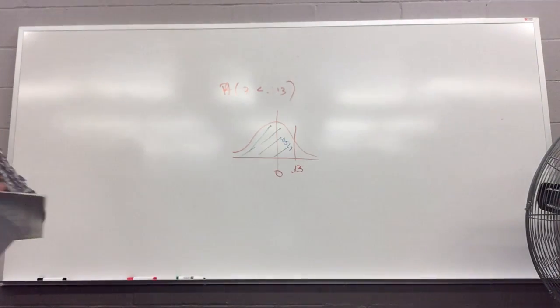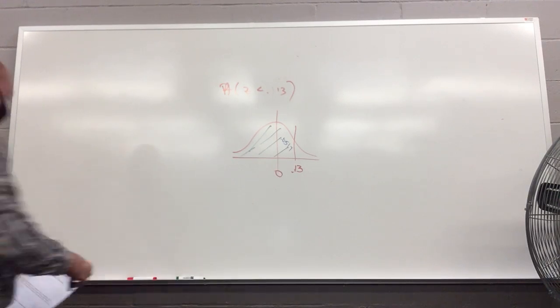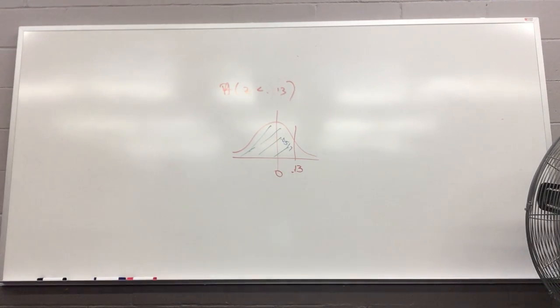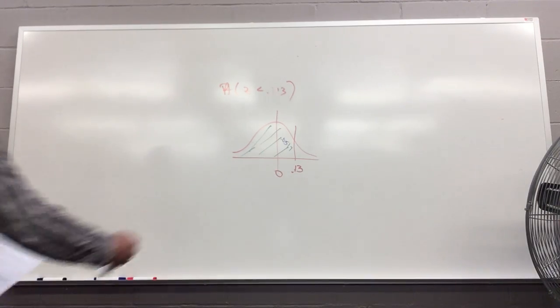From our table. Okay, quite a few of us had difficulty finding that value from the table. I think quite a few of us made that problem a lot more difficult than it had to be. You overthought the problem. Okay, keep it simple. So to find our total area, I want the entire area that's below this value.